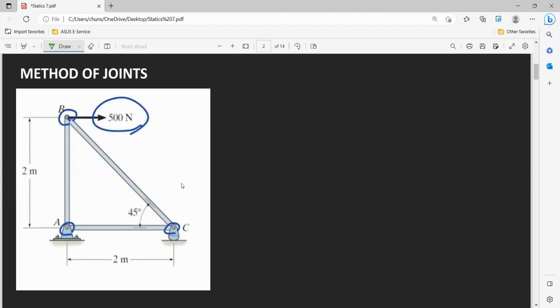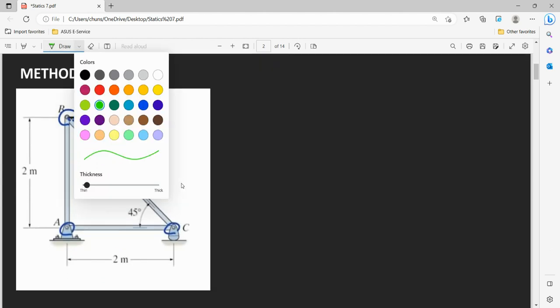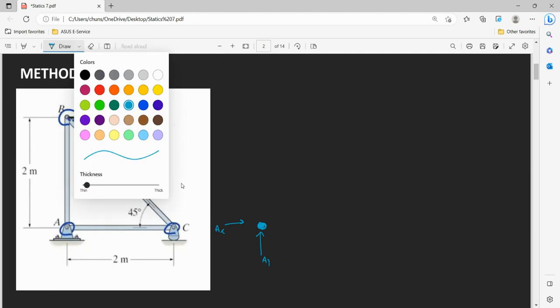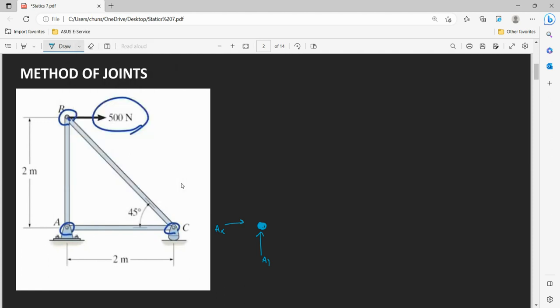Now let's take a look at one that might have multiple different reactions going on with it. This would create an Ay and an Ax reaction for this pin right here. It also creates, along our beams, the internal forces FAC and FAB.